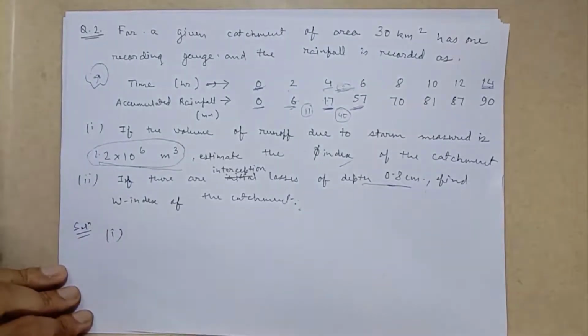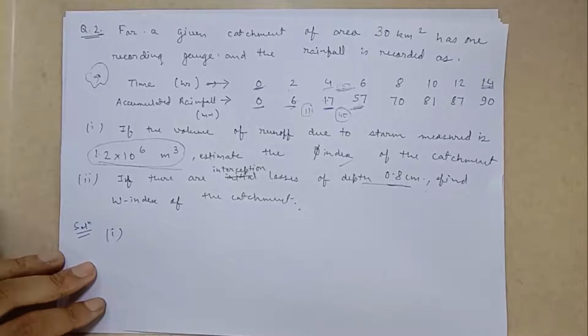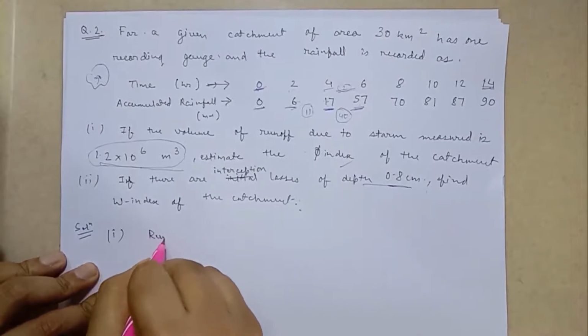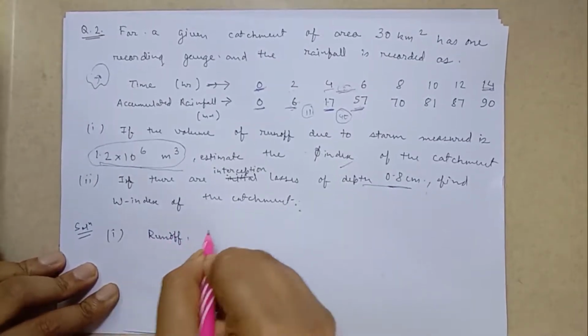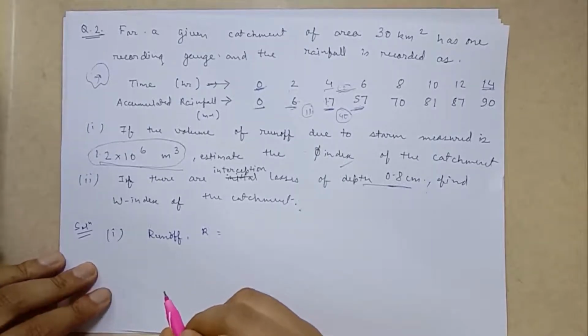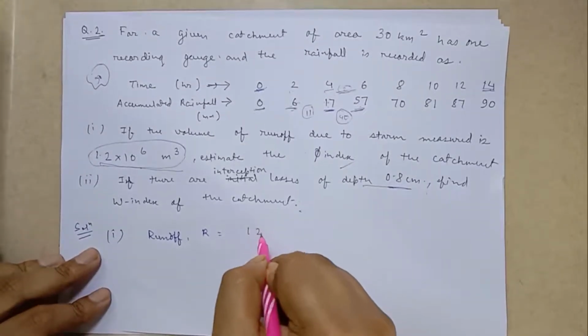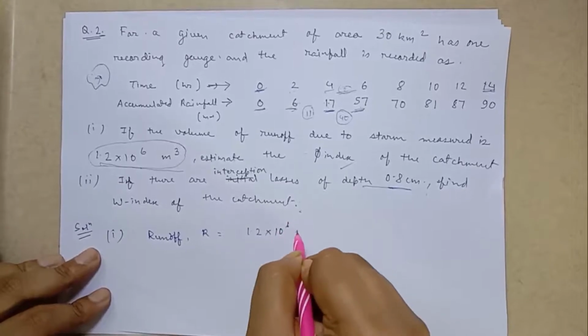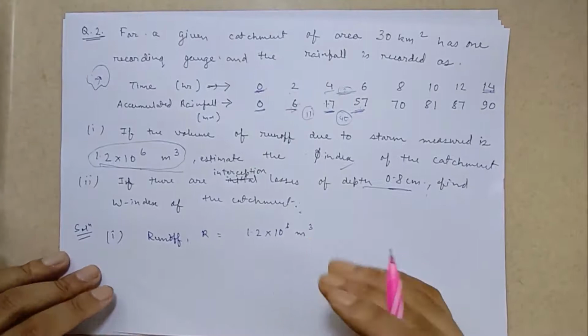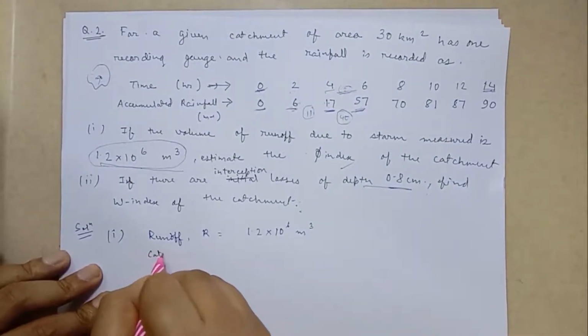The first case, the total runoff. Okay, the total runoff R is given as 1.2 times 10 to the power 6 meter cube. This is in volume. The total runoff is given. So we have a catchment area.